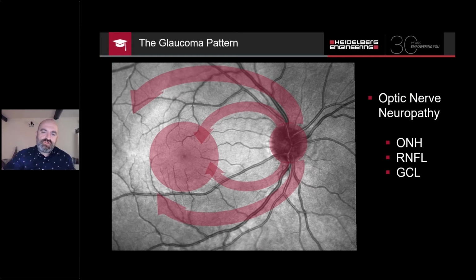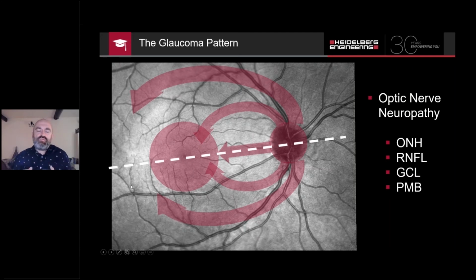But what's crucial about this disease is the pathway of it, because the end of this disease is often found with the papillomacular bundle. So this is often the last part of the nerve fiber layer to die off as this disease goes ahead and damages the eye. Now, another part of the glaucoma pattern, which is very common, is the simple fact that glaucoma tends to respect the horizontal midline.